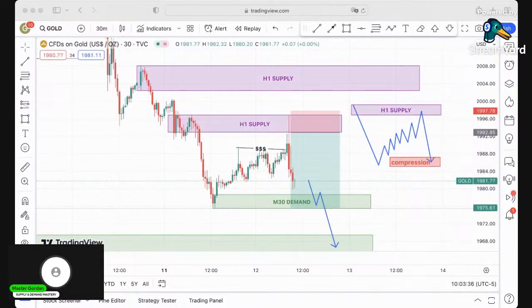That means if the sellers want to break through and dump the price below this zone, how much money, the value in dollars, is needed to break this zone? It's very simple. Get your calculator and add up all the lot sizes here. Roughly, we take 400 lots times 100 ounces times the average price of 1990.